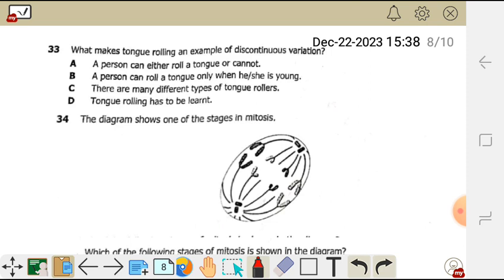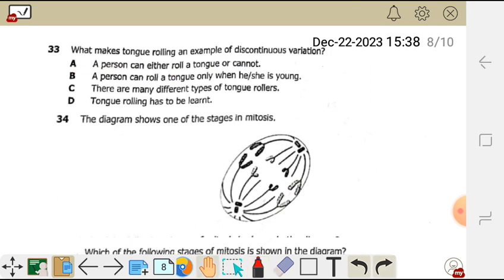Discontinuous is where you are genetically born with that thing. It's either you can or you can't. So in tongue rolling, it's either you can roll your tongue or you can't. So the correct answer here is A.